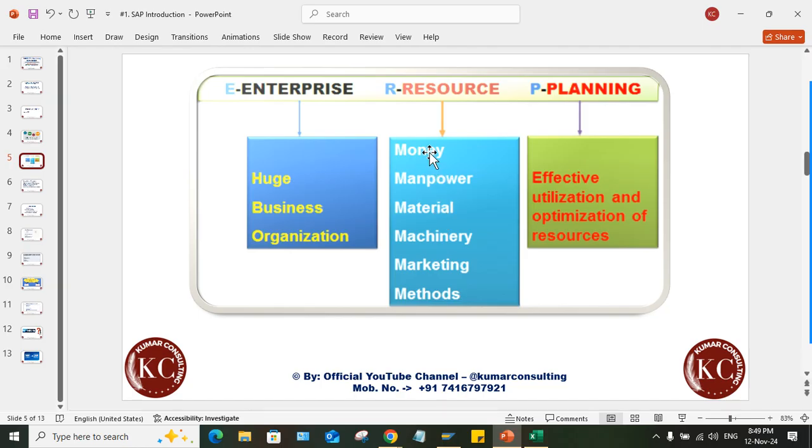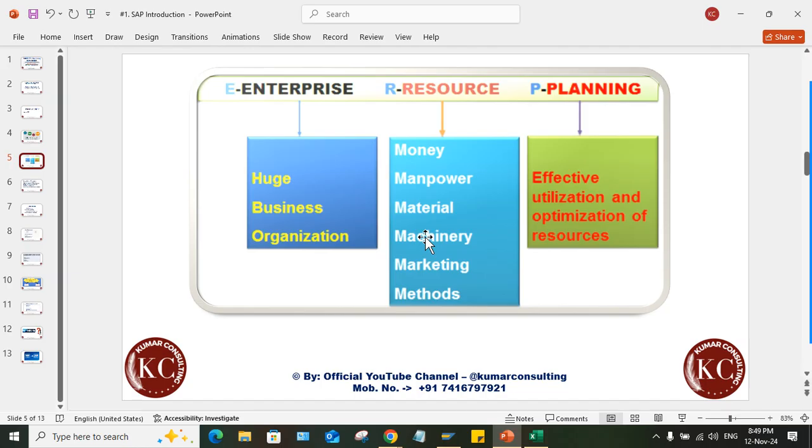Manpower is required to run an organization. Money is also required to run a particular organization. Machineries are also required. Suppose we talk about an organization like Tata Motors. Instead of Tata Motors, you can take the example of any other company. I'm not saying it must be Tata Motors itself; it could be any organization, right?